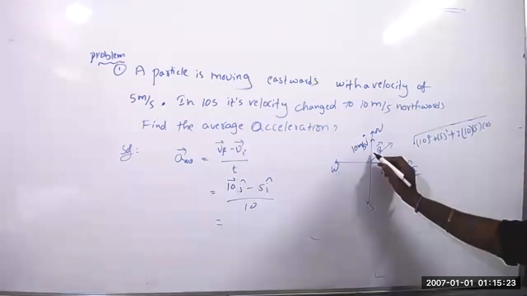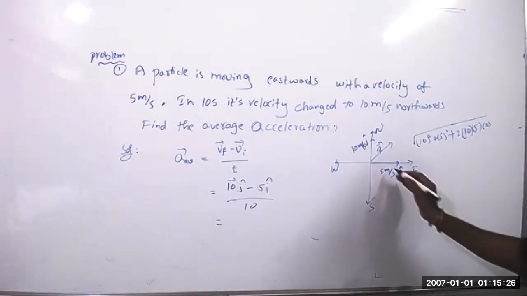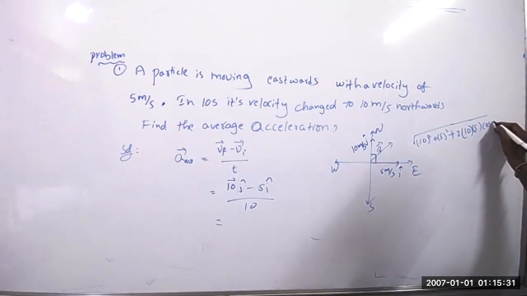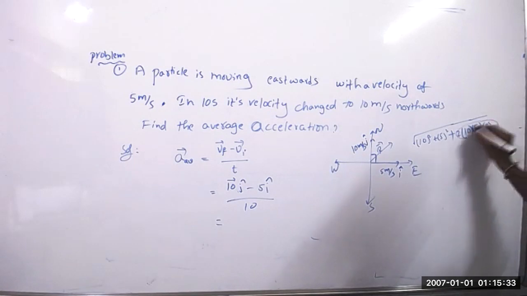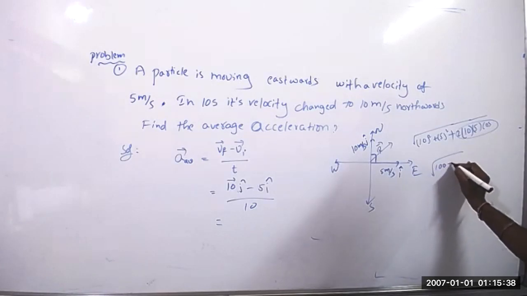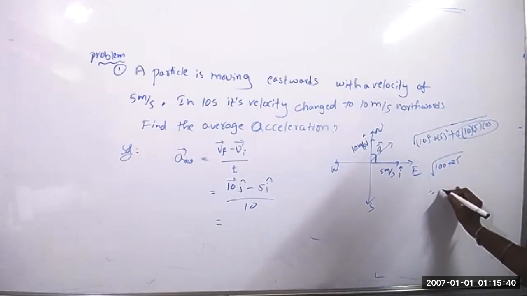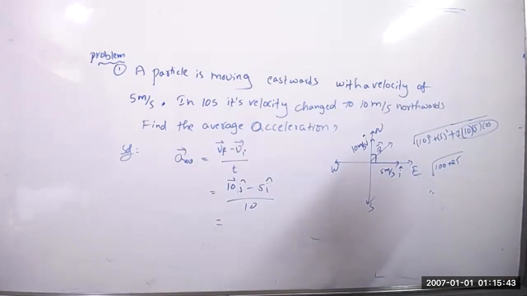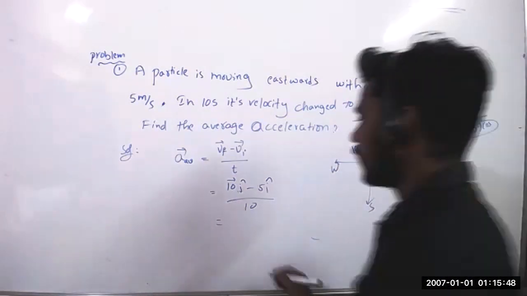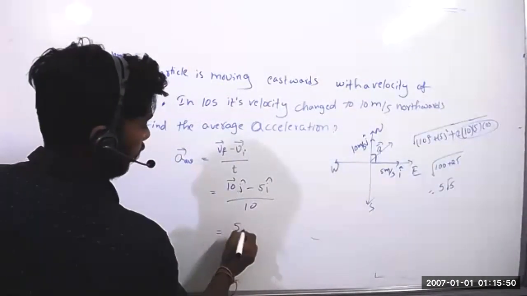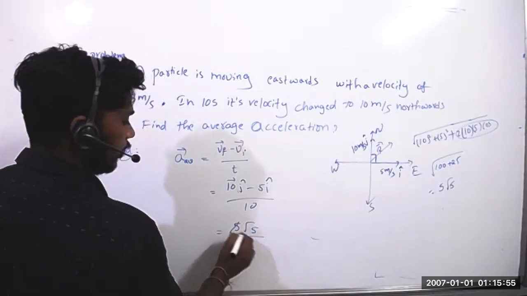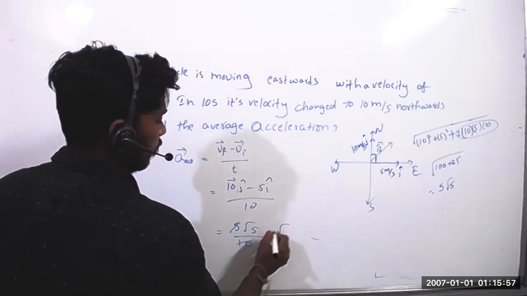How much is cos theta here? It is not given, so it is 90. Cos 90 is zero, so that term becomes 0. So 10 square means 100, plus 25, is 125. So you will get 5 root 5, by 10, which is root 5 by 2.